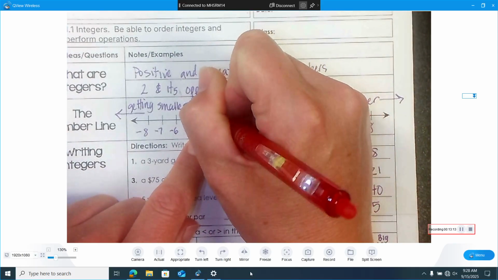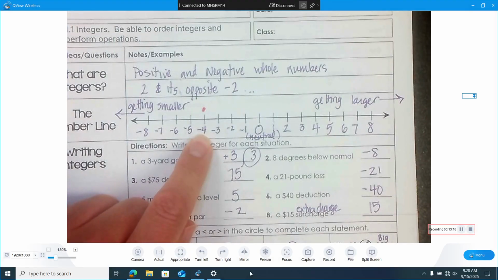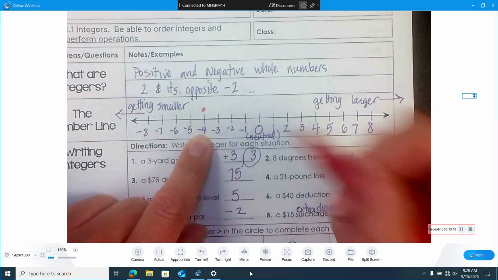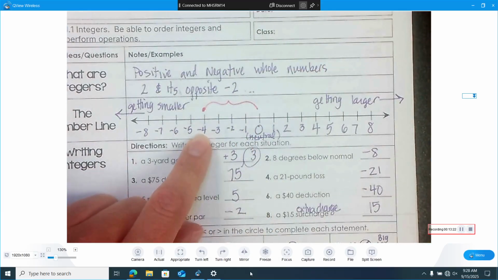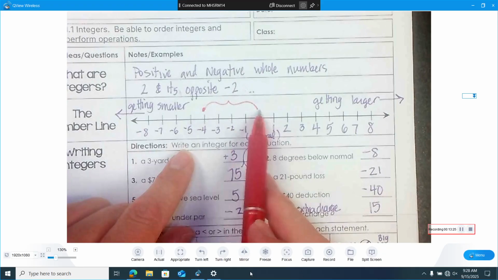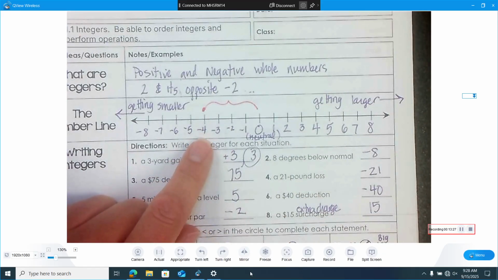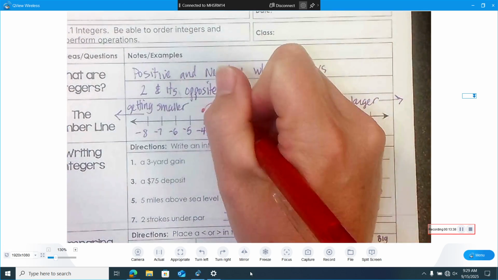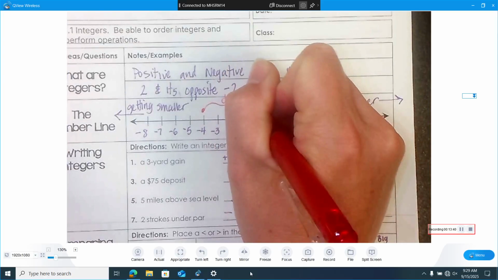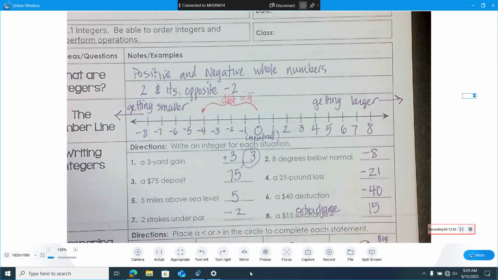I would be right here at negative 4 on the number line. Absolute value represents the distance it is from 0. How far away from 0 is negative 4? 4. It's 4 spaces away, okay? When we talk about distance, it's always got to have a positive value. So this represents a distance equal to 4, and that's what absolute value means.